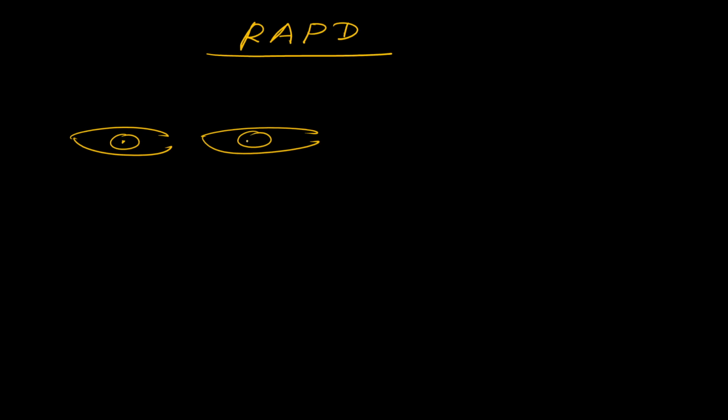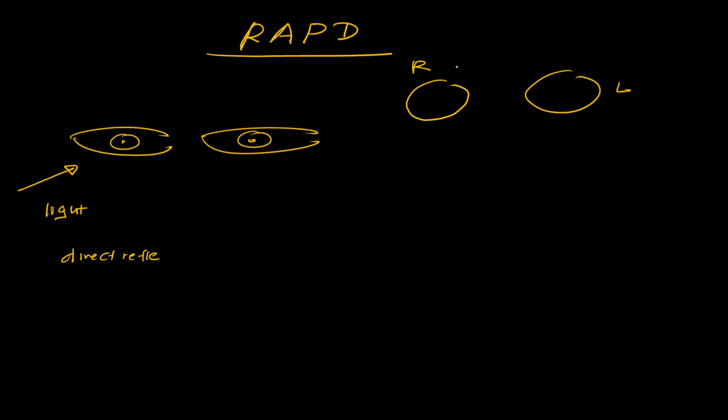Now, once you shine a light to one of the eyes, it would constrict. This is called the direct reflex. But let's assume this is the right eye, so this is the left eye. Now you are shining a light to the right eye.